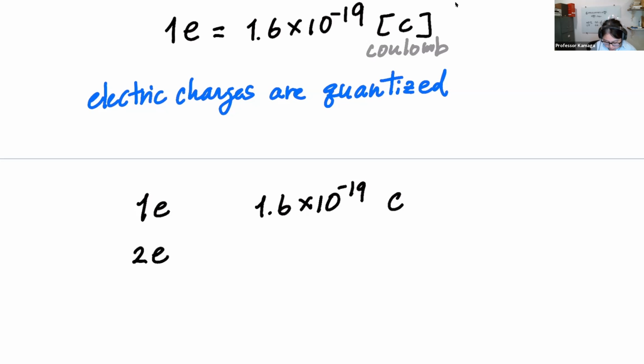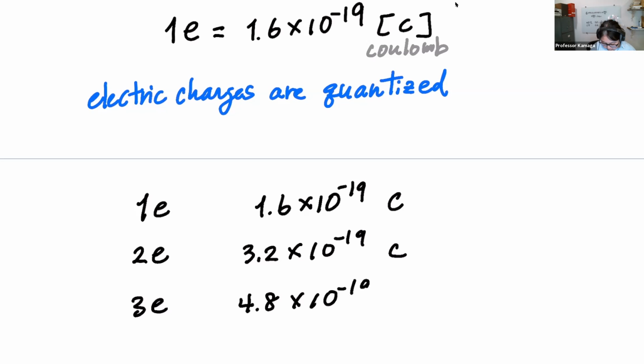If you have 2 electrons lost, then you're going to have 3.2 times 10 to the minus 19 coulomb. If you have 3 electrons lost, then you're going to have 4.8 times 10 to the minus 19 coulomb. You cannot have a value in between.